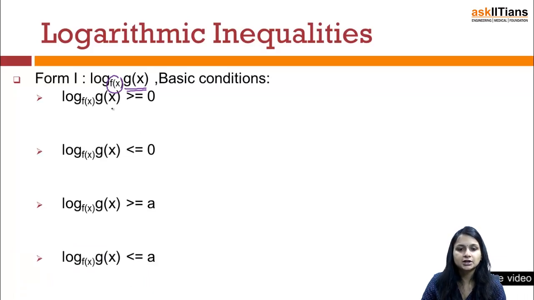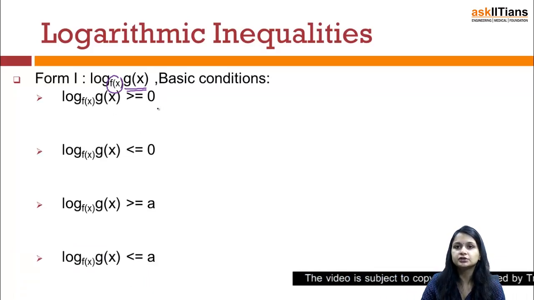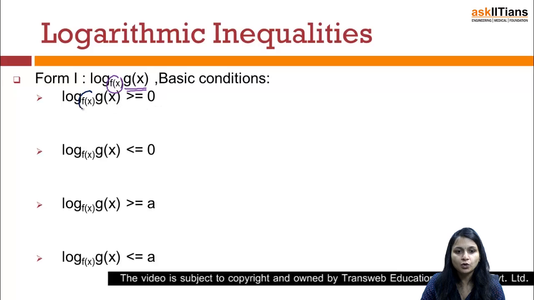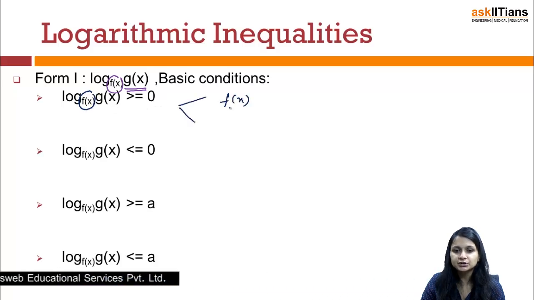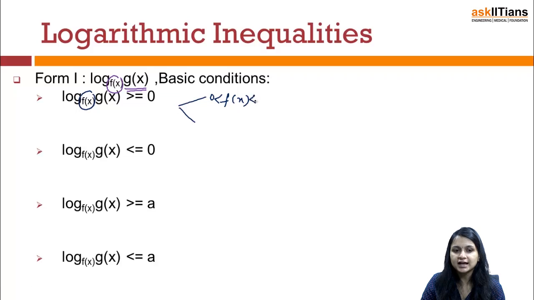The first case. We have to be very careful, students, about this base. If this base f(x) lies between 0 and 1, as we have seen it can never be equal to 1, so we have to check on which side of unity it is lying, the left hand side or the right hand side. This is very important. If it is lying from 0 to 1, then whenever we are operating on log inequalities, we always change the sign of inequality.